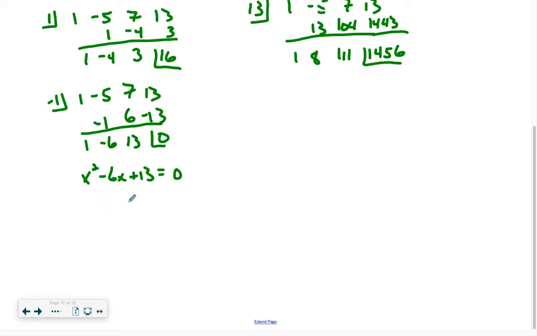And to solve this, we can use the quadratic formula, right? So x equals the opposite of b plus or minus the square root of b squared minus 4 times a times c, all over 2 times a.